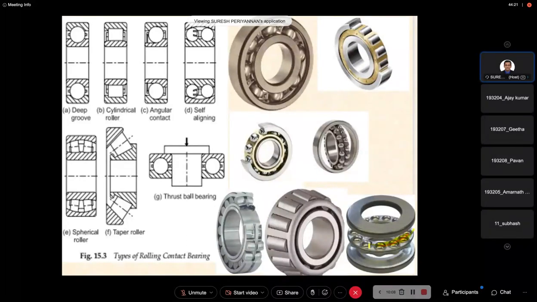Now in this construction I am showing only one row of balls. If we use two rows of balls, the actual load will be easily absorbed. I mean, the maximum axial load can be withstood by such a design.